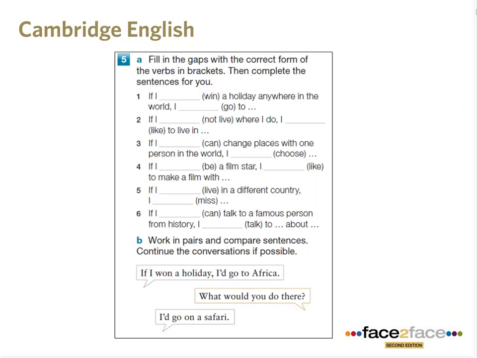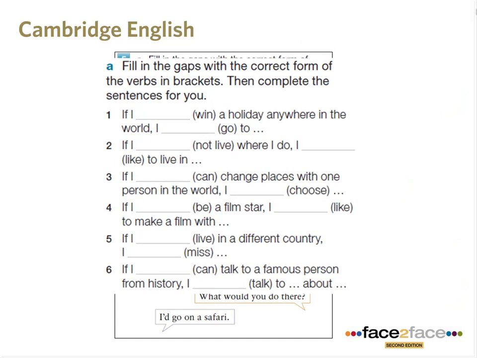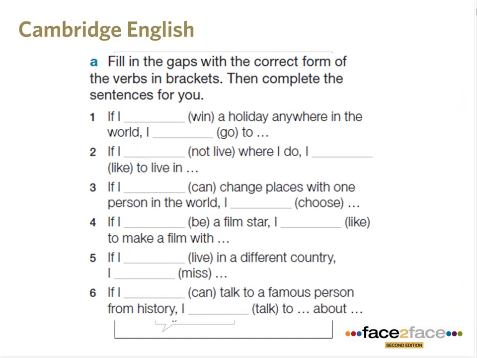Here's another example, again from pre-intermediate. This, as you'll recognize, is for second conditional, where students have to put the verbs in the right form and then complete the sentences for themselves. Of course, this kind of practice is very important because the verb forms are crucial to second conditionals.